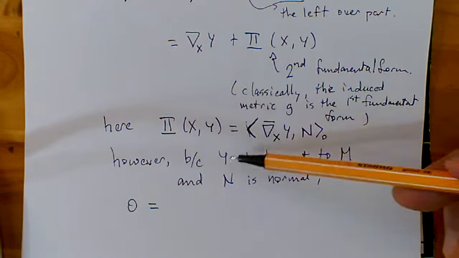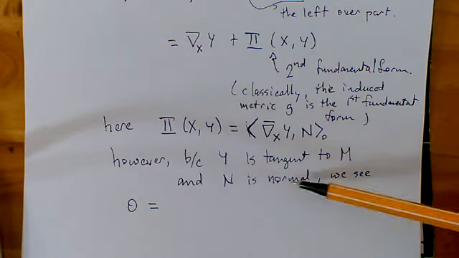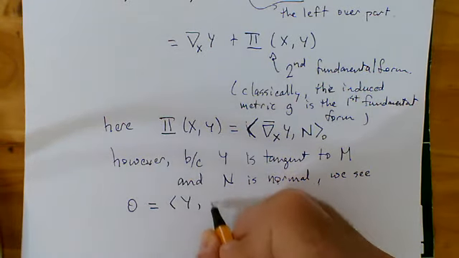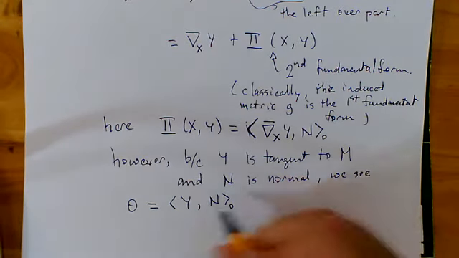So the y is tangent to M, the n is normal, is perpendicular. So the inner product between y and n, the usual Euclidean inner product, is 0.